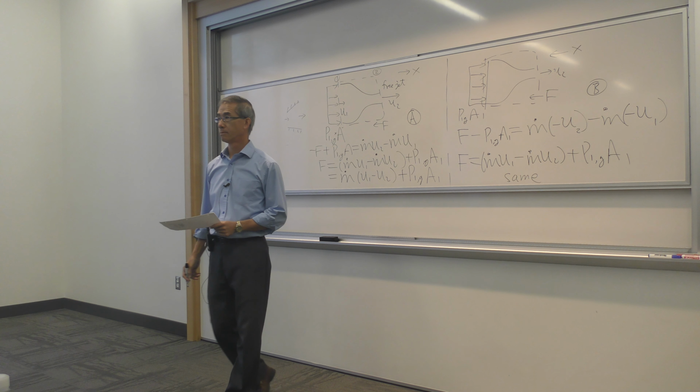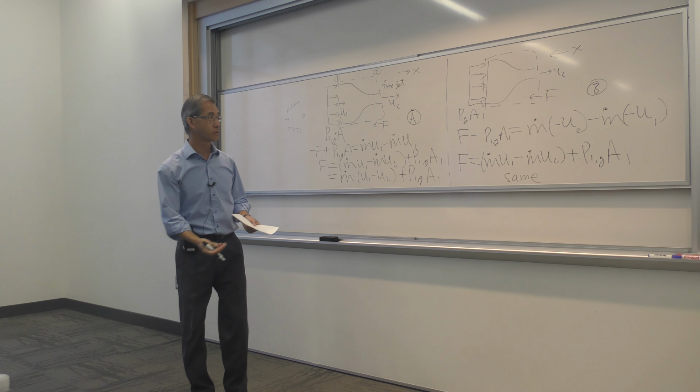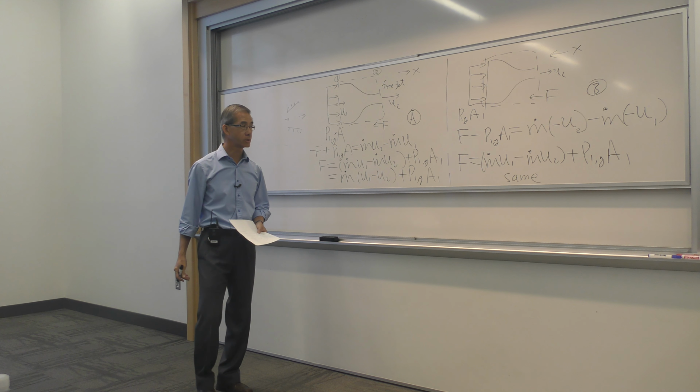Same. Physically, the force to hold the nozzle is still pointing to the left-hand side, despite your choice of the coordinate. Right? This is called the law of common sense.